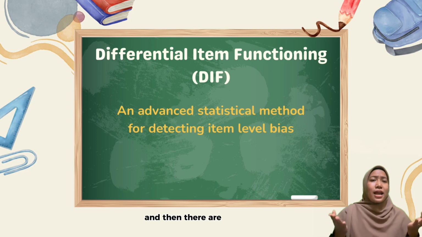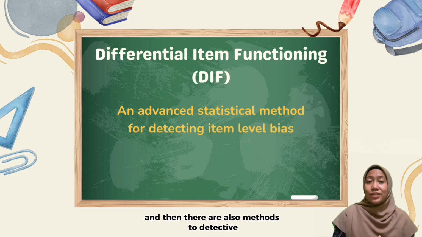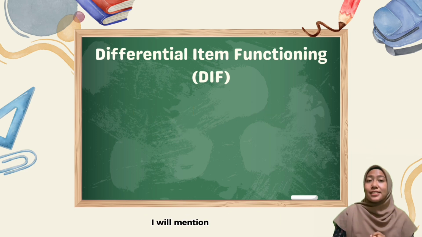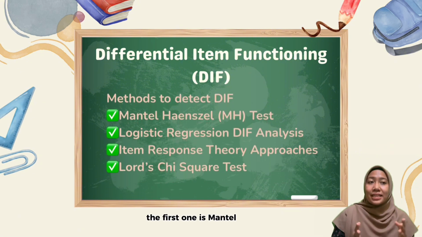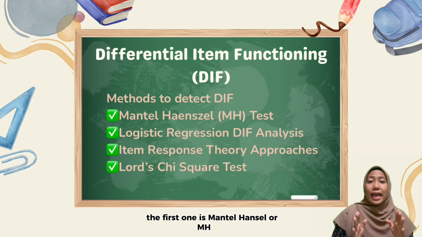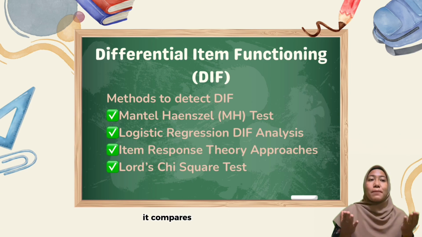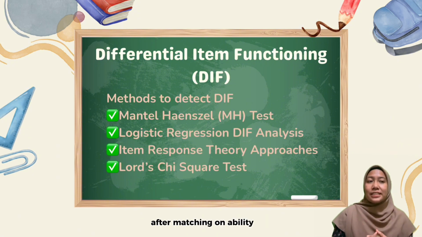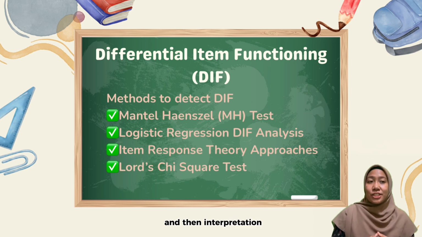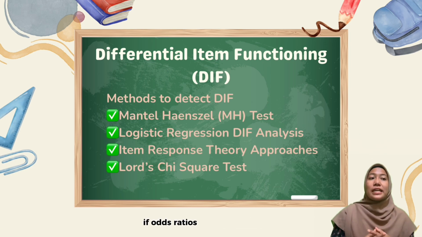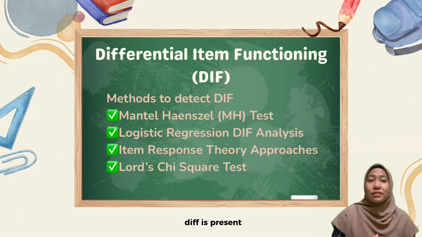And then there are also methods to detect DIF. I will mention some to you. The first one is the Mantel-Haenszel or MH test. It compares how different groups perform on an item after matching on ability level. And then interpretation: if odds ratios differ significantly, DIF is present.